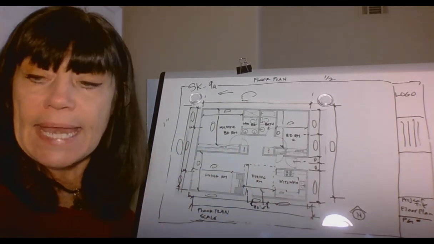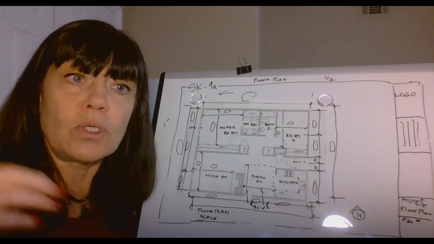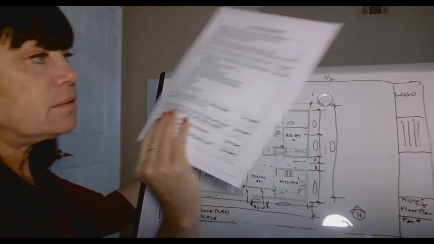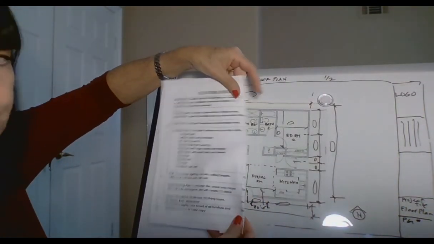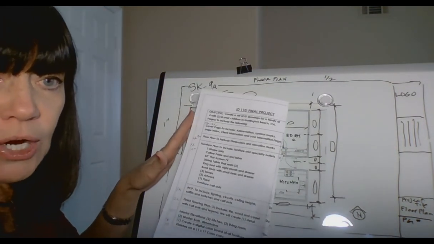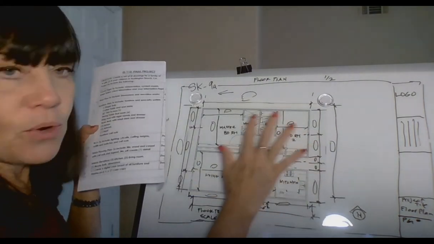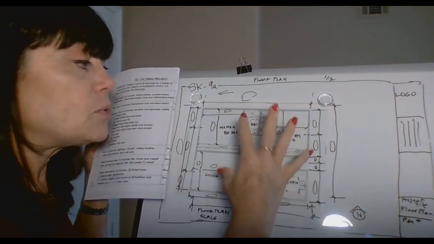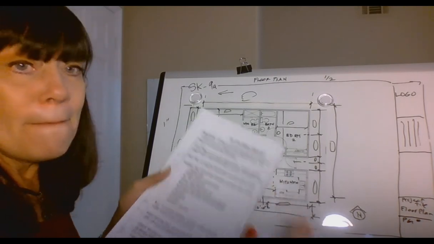Now, when we go back to the actual outline of the project right here, when you go through this, the next plan that we are doing is the furniture plan. This is why it's so important to get this information. So you get to do a little design based on what this client needs.